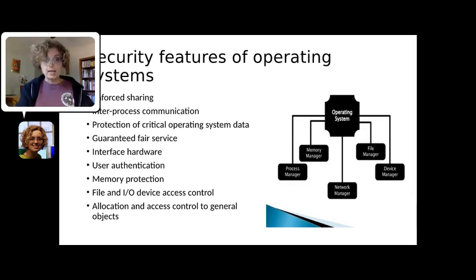The last security feature for operating systems is allocation and access control for general objects. These are constructs, abstractions that permit concurrency and synchronization, and through table lookup, we achieve protection and access control.